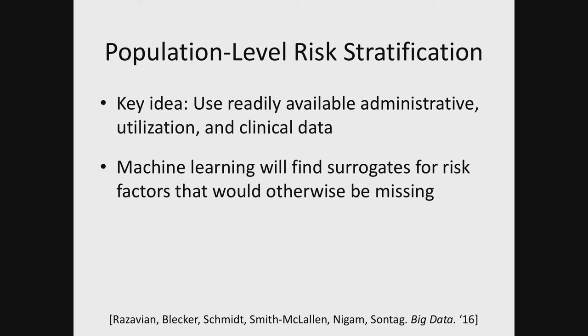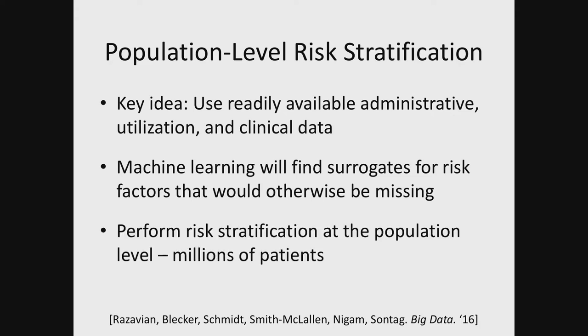Like maybe we don't know the patient's weight, but we'll use machine learning on the data that we do have to try to find other surrogates of those things we don't have, which might predict diabetes risk. And then we can apply it automatically behind the scenes for millions of different patients and find the high-risk population and perform interventions for those patients.